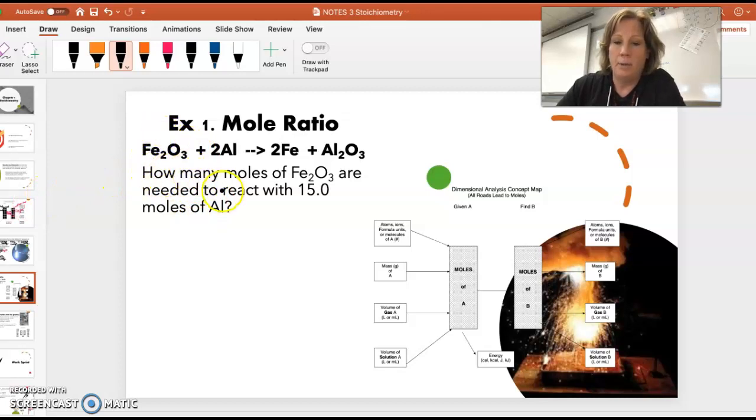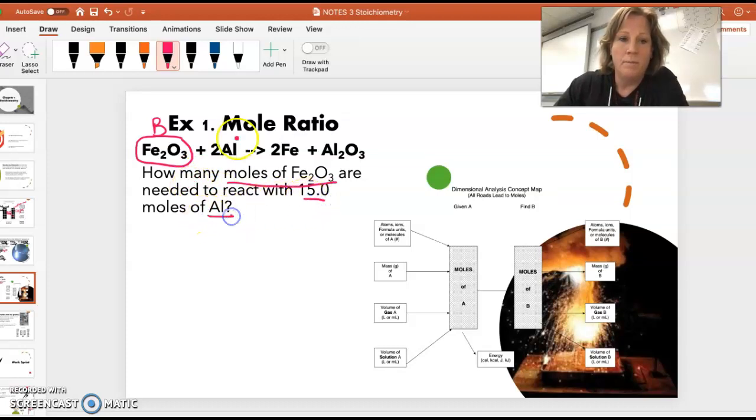Here is an example. So in the question, we're being asked for moles of the Fe2O3. So this is my substance that I'm going to try to figure out. This would be my B, if we're going to do the B and the A, using the mole map. And then I'm starting with 15 moles of aluminum.